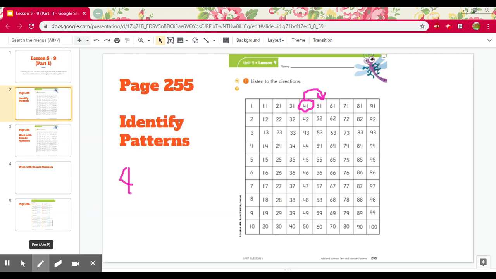So 41 plus 10 equals 51. If we wanted to know what is 10 less than 81, we'd find 81 in our 100 chart and move over to the left because 71 has one less 10 than 81. 81 minus 10 equals 71.